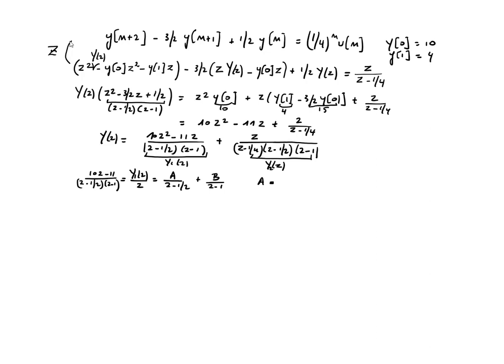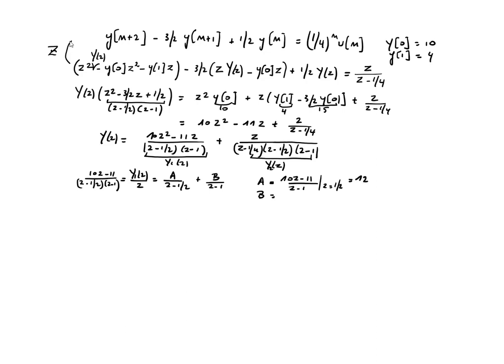We multiply by z minus a half, so we have here 10z minus 11 over z minus 1, evaluated at z equal to a half, and if you compute that you'll end up with 12, right?